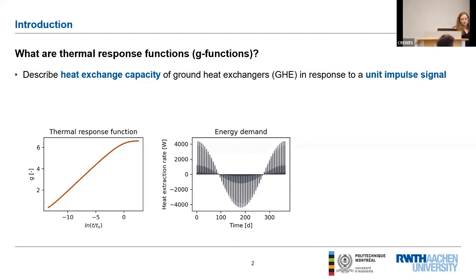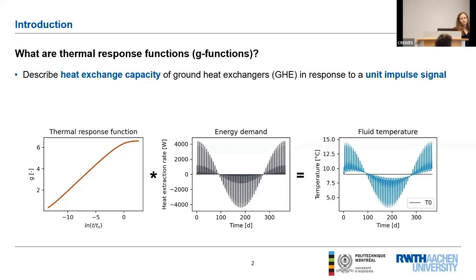And now the interesting thing about those thermal response functions is that by convolution of this function, which is characteristic for this one borehole in this case, and the energy demand, and that's what this convolution operator here stands for, I will explain that later, it's possible to predict the fluid temperature that comes from the borehole or from the ground heat exchanger system.